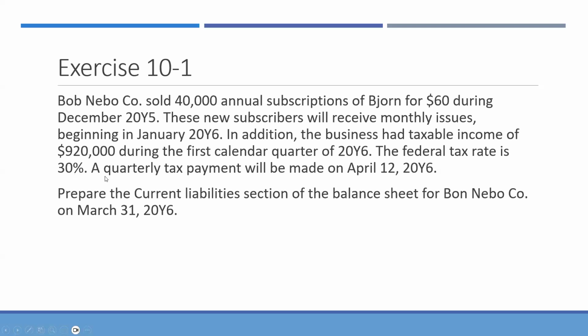The federal tax rate is 30%. A quarterly payment will be made on April 12th, 2026. Prepare the current liabilities section of the balance sheet as of March 31st, 2026.